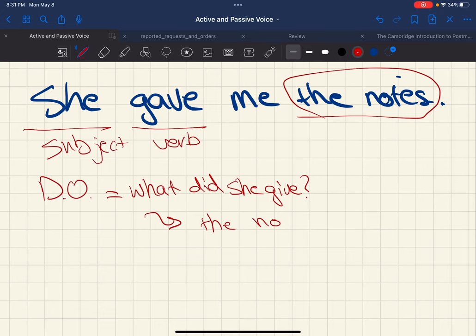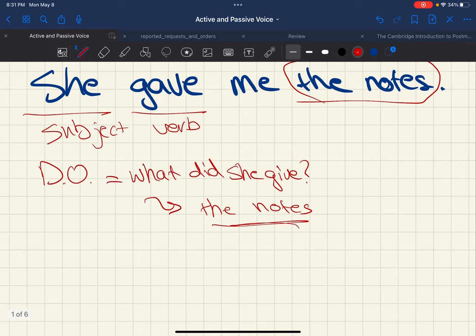So your direct object is the notes. Now, in order to find the indirect object, you must first find the direct object, which we have done. Once you find the direct object, you ask the question to whom. The answer to that question will become your indirect object.